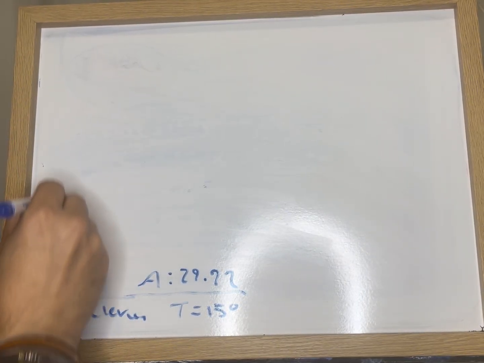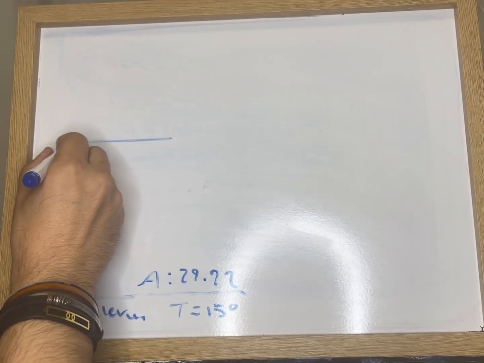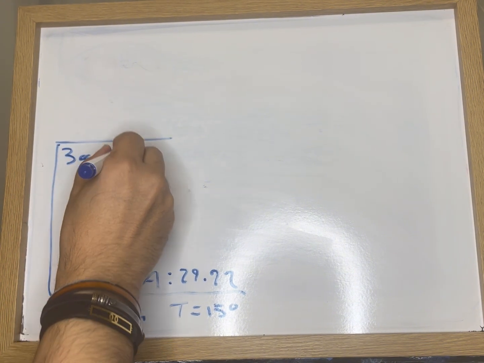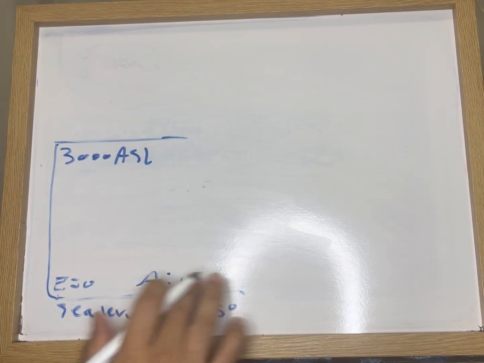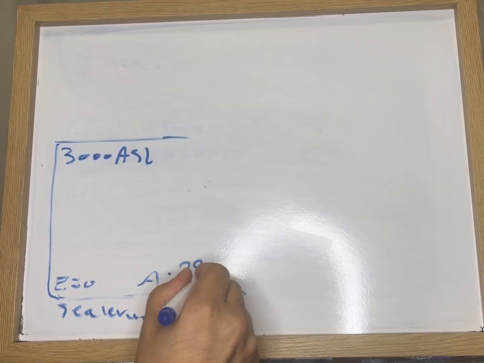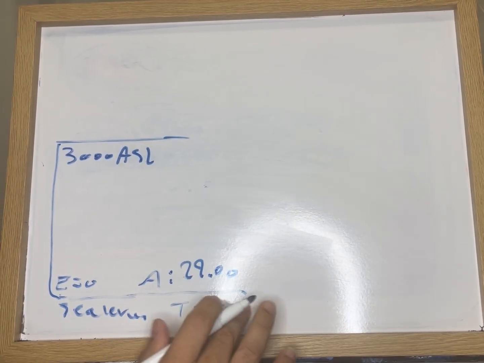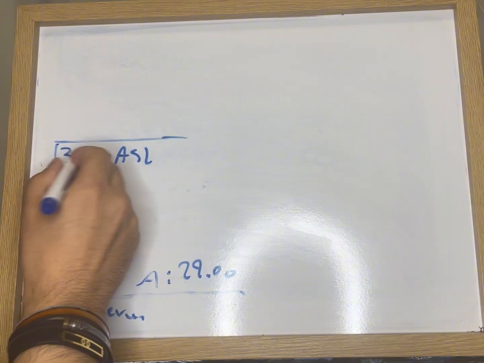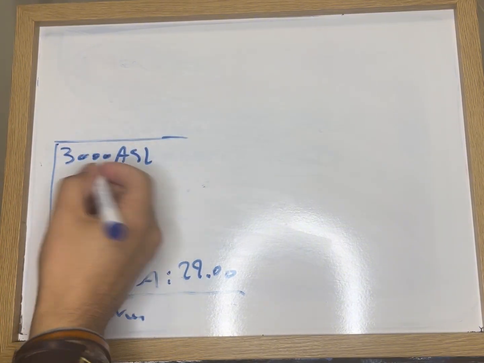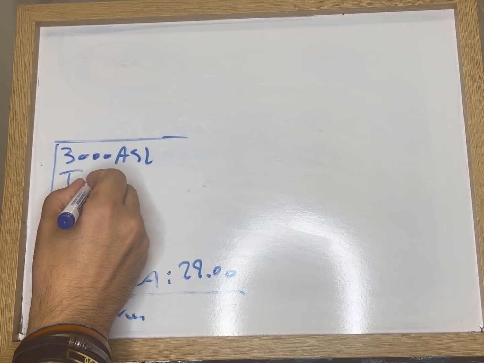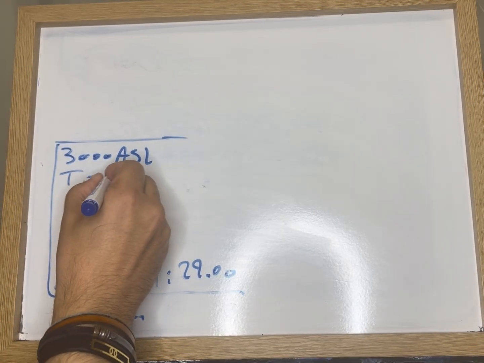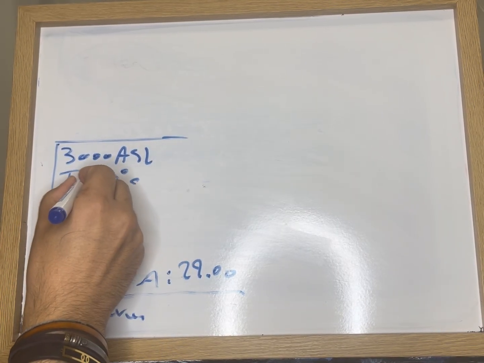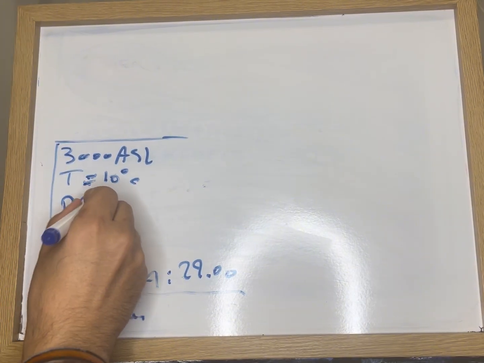You are flying at 3000 feet above sea level, for example, the altimeter is 29.90, and the temperature at 3000 feet is, for example, 10 degrees Celsius. What's the density altitude?